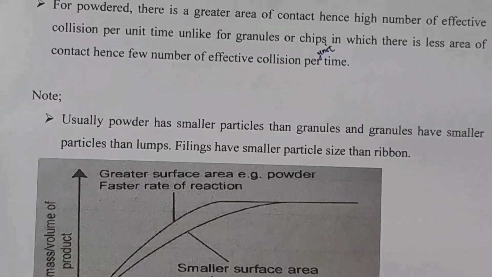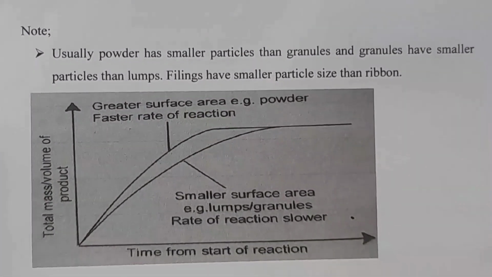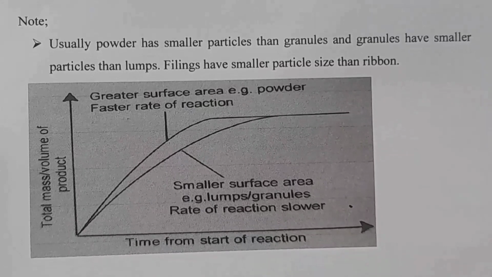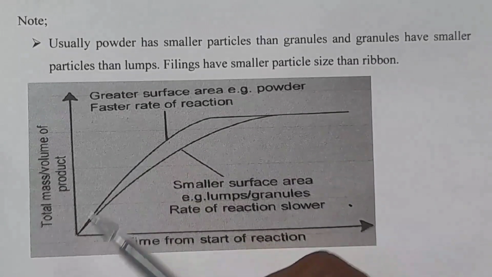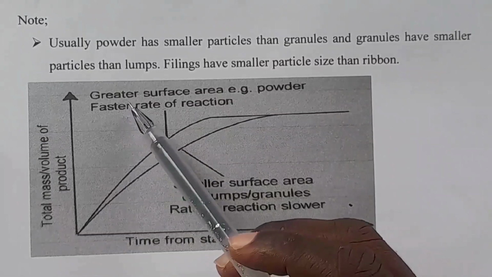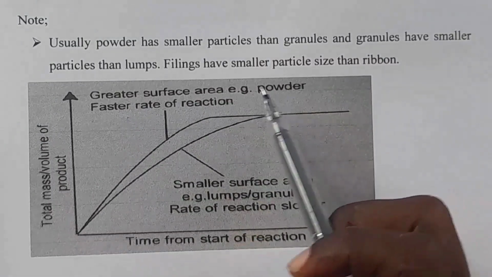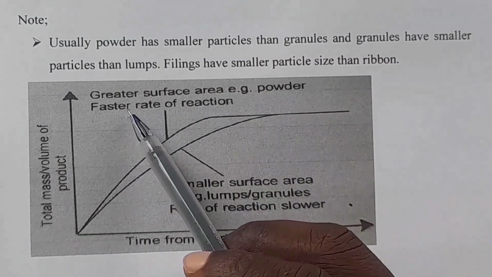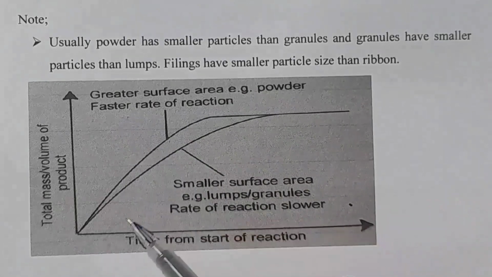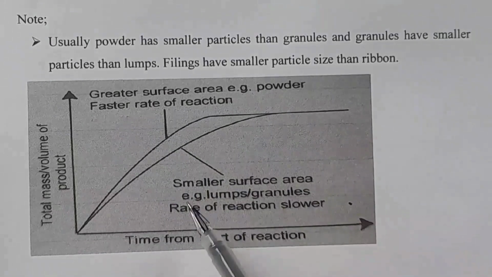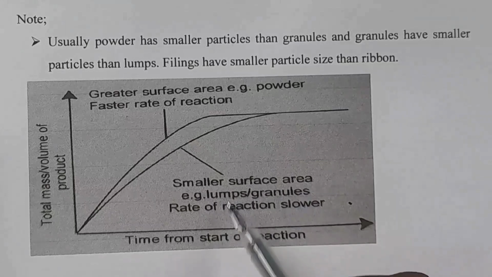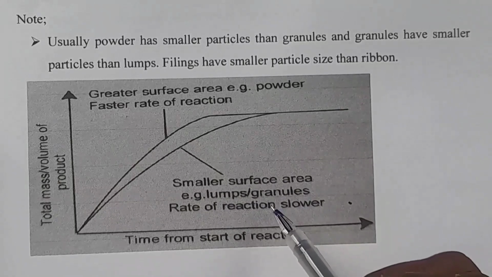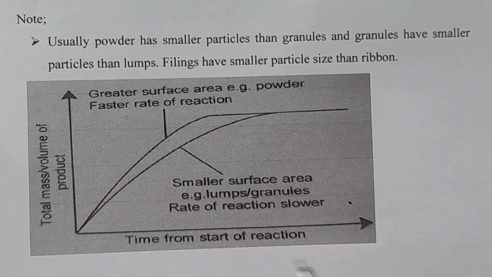Next we have two curves to compare the rate of reaction at different surface areas. The curve that is steeper has a greater surface area, e.g. powder, so the rate of reaction is faster. The one that is less steep has a smaller surface area, e.g. lumps or granules, so the rate of reaction is slower.